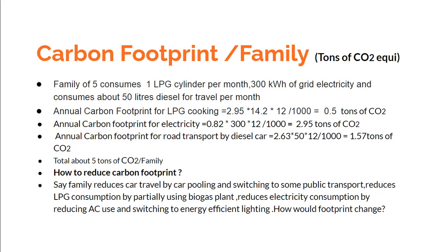The family has a diesel car, and let us say that the family consumes about 50 liters of diesel every month. So with this data, we would now be calculating the carbon footprint for a family.